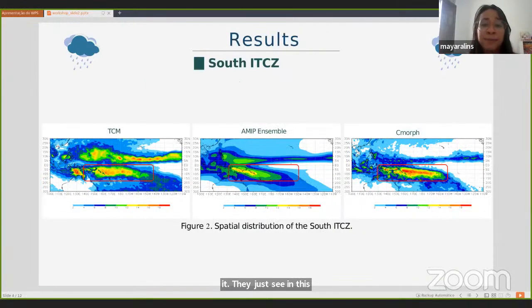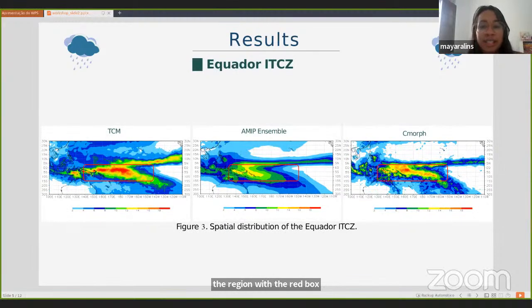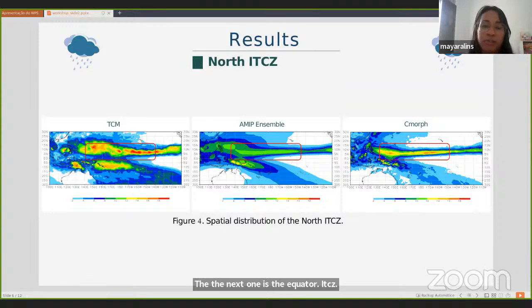Okay. Here are some of the preliminary results for each ITCZ pattern. First one is for South ITCZ, and we can see the region with the red box. The next one is the Equator ITCZ. It shows the patterns of the observed. And the next one is for the North ITCZ.